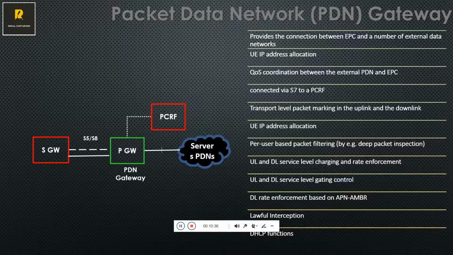Per user based packet filtering, UL and DL service level charging and rate enforcement, UL and DL service level gating control, DL rate enforcement based on APN-AMBR, that is access point name aggregate maximum bit rate, lawful interception, DHCP functions.